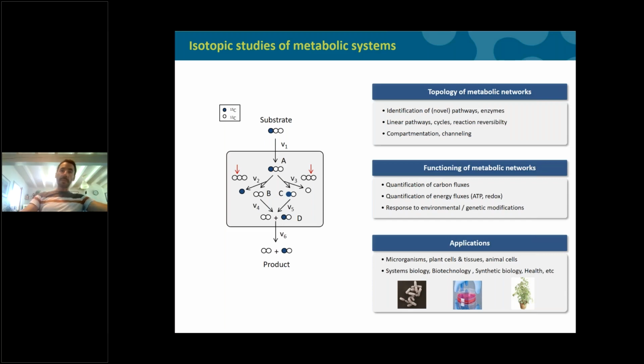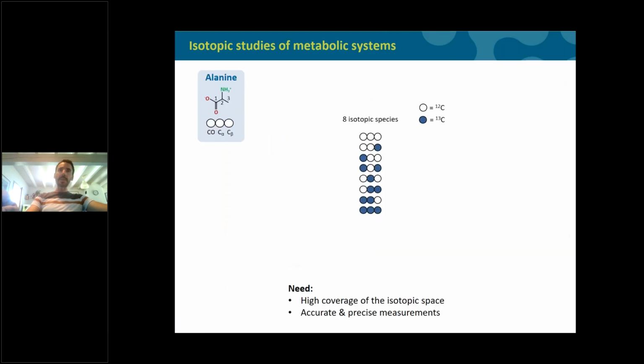So this is important in systems biology to understand the fundamental principles of life, in biotechnology, in synthetic biology, in health also. And the key point in these approaches is to be able to quantify accurately the different isotopic forms of the metabolites.